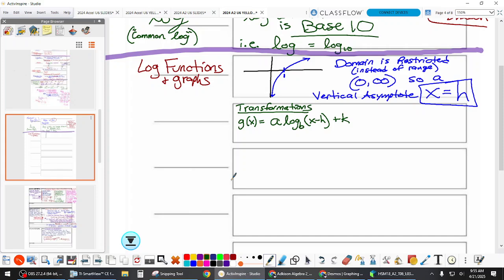All those things do the usual. It's just that our asymptote now is defined by h instead of k. But otherwise they change the graph in the usual ways. And if you want to rewrite that in this section, I'll let you look it up in your other notes. But I think this is the 4th or 5th time we've seen what they do.